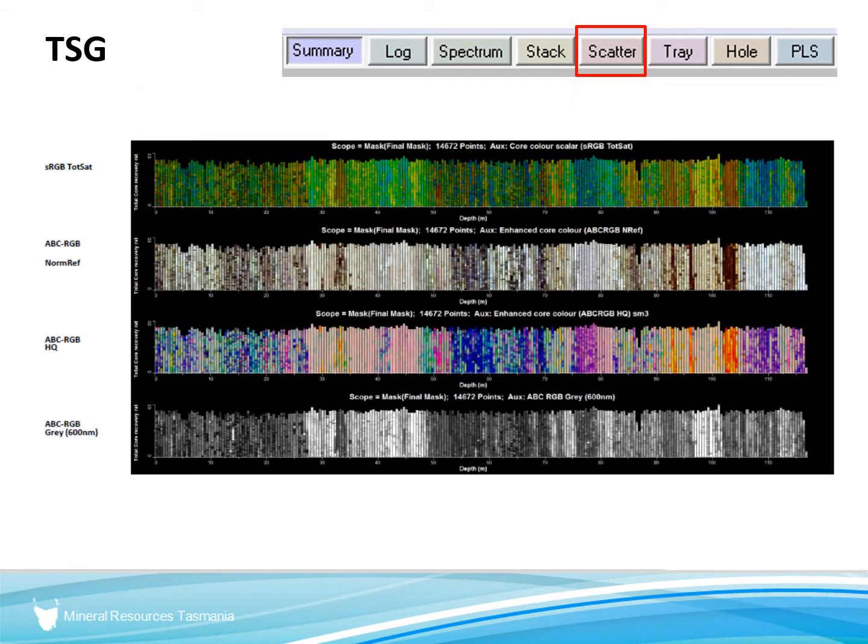We can plot the accentuated color of the drill core here in scatter diagrams, so we can accentuate it in various ways. We can even put false color, like this one here. These two are false color images where we associate red, green, blue with different spectral features. But the top one here is just an accentuated color.